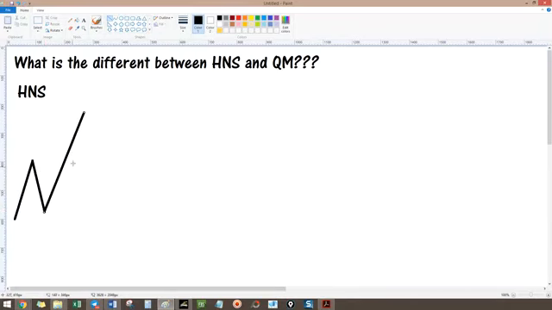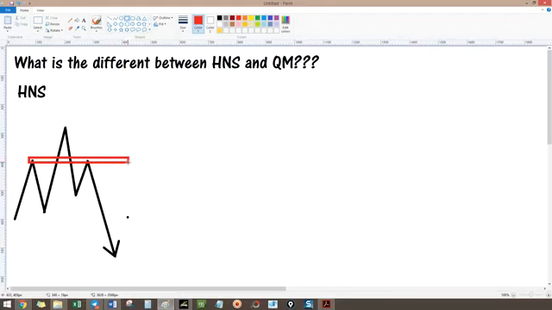2 and a 3 and a retest here, and then something like that. 2, 1, 2. All right. So your entry will be here at this right shoulder, left shoulder.